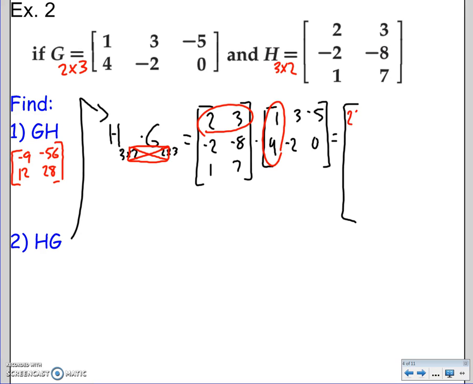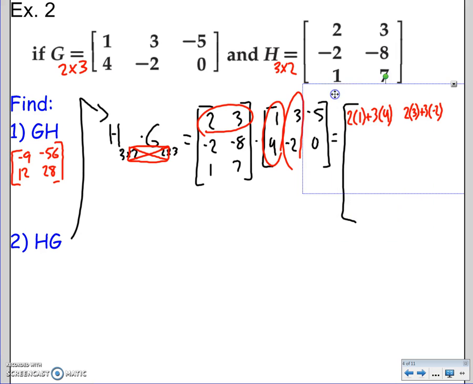So 2 times 1 plus 3 times 4. Now I'm going to do the first row again times the second column. I'm going to run out of space really soon. So this is 2 times 3, and that is positive 3 times negative 2.